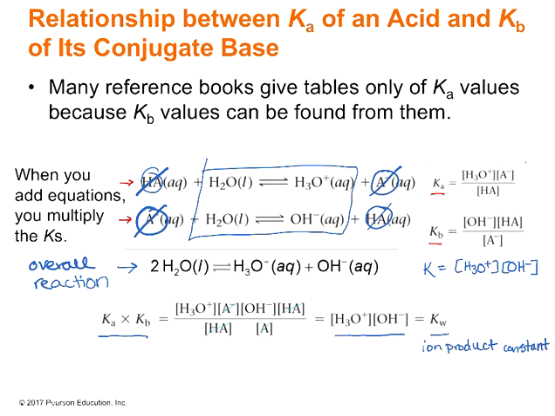So what this tells us is Ka times Kb is equal to Kw. And Kw, we said, was equal to 1 times 10 to the negative 14th. So we can use this equation to solve for Ka or Kb of an acid and its conjugate base.